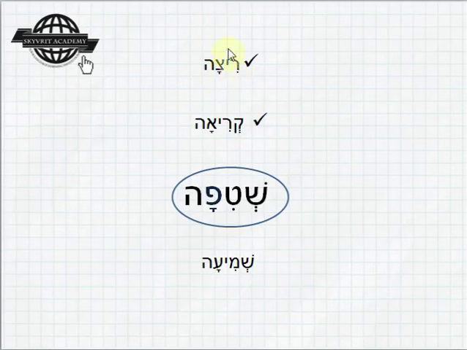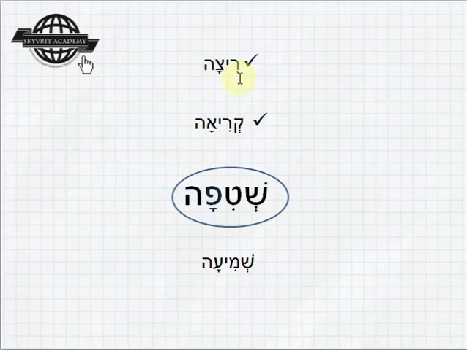In this case, in ritza, we need to change it from I to A. So instead of ri, that would be ra. So we need to change all the nikud and make sure that the nikud is A. Everything is A. This is pretty simple to remember.